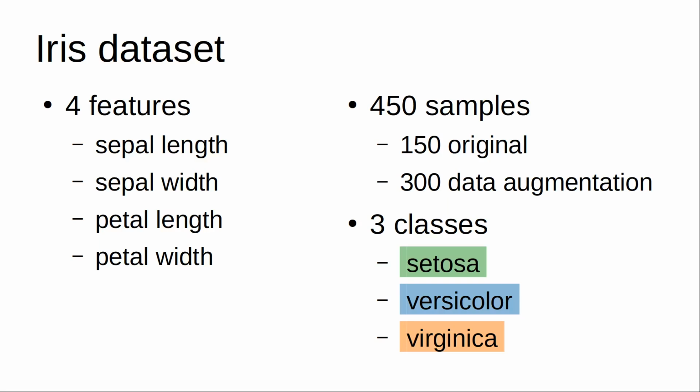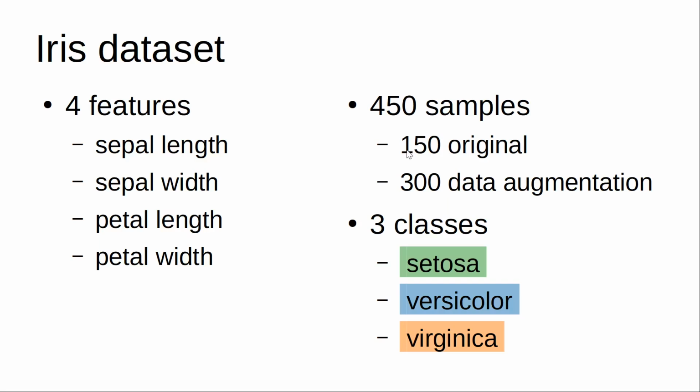It is composed of 4 features: the sepal length, sepal width, petal length, and petal width, in order to distinguish 3 classes: setosa, versicolor, virginica. It's important to show that in the scikit-learn library called opendatasets, I found this dataset with 150 samples.